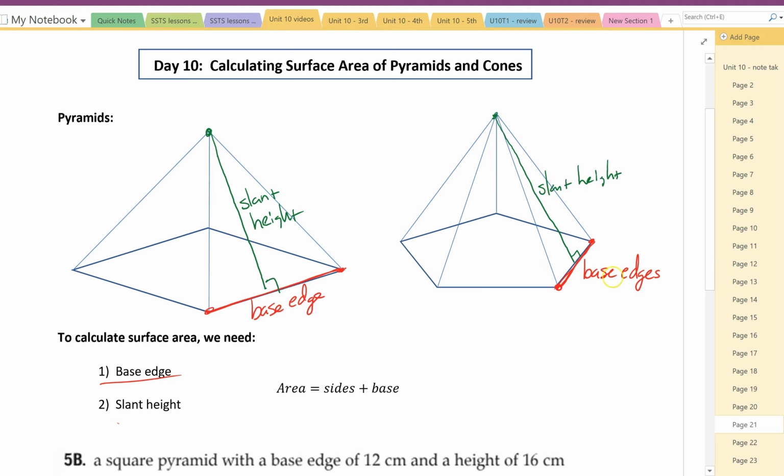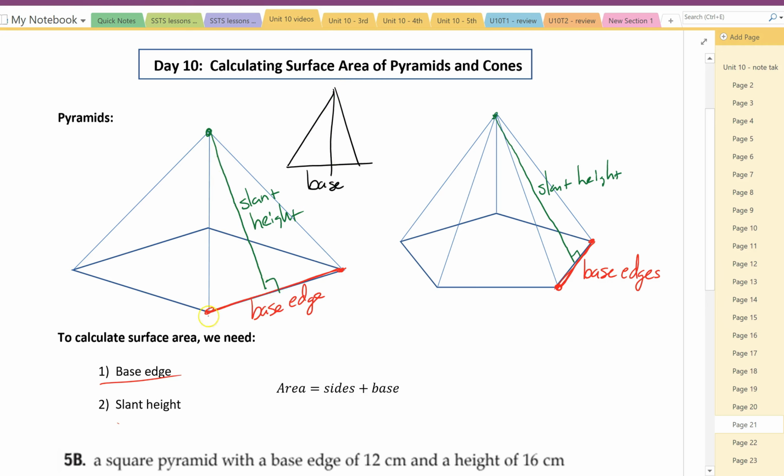Why do I need the slant height and a base edge? Well, here's why. If I want to calculate the surface area of one of these sides of the pyramid, it's just a triangle basically. And what I need to calculate the area of a triangle is its base, which would just be a base edge, and the height, which would be the slant height.